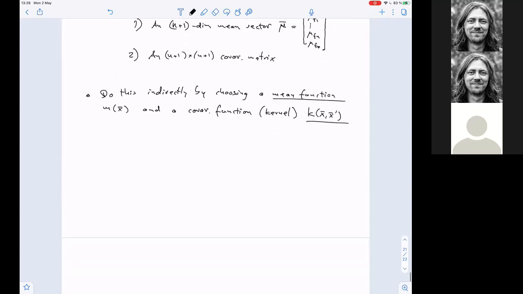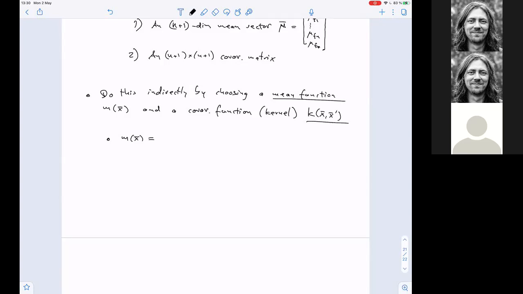So the important thing here, and this is something that often confuses a lot of people when they first encounter GPs, is that the mean function and the covariance function, they are functions on x space.